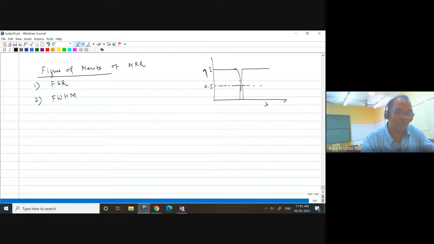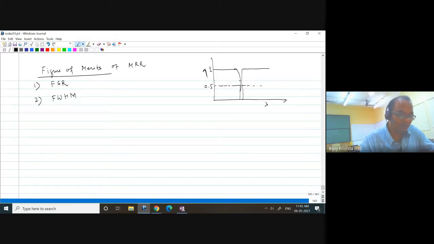Normally the resonance is not a single wavelength. It has a particular bandwidth. To characterize that, we define FWHM, full width at half maxima.